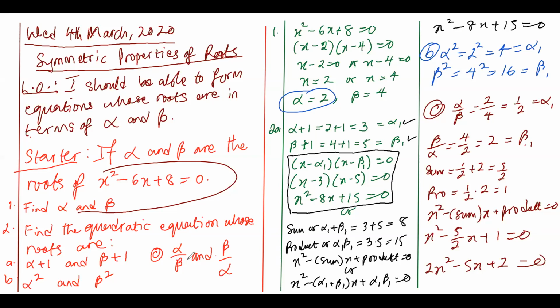But if you have the situation of maybe alpha squared beta and alpha beta squared, or maybe alpha over beta plus 1 and the other root is beta over alpha plus 1, then it becomes more complicated, isn't it? In that case, we get alpha and beta first, then substitute like we did, and get the equation properly, then it becomes a big deal.